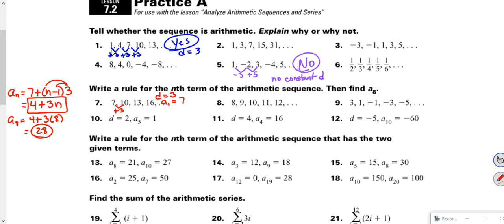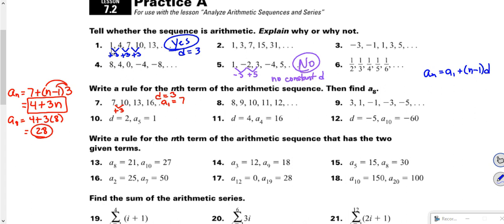You're doing the opposite to go the opposite direction to get to an earlier term. But let's take a look here. You can also do it algebraically. So if we're trying to solve, remember our basic formula, A sub n equals A sub 1 plus n minus 1 times D.